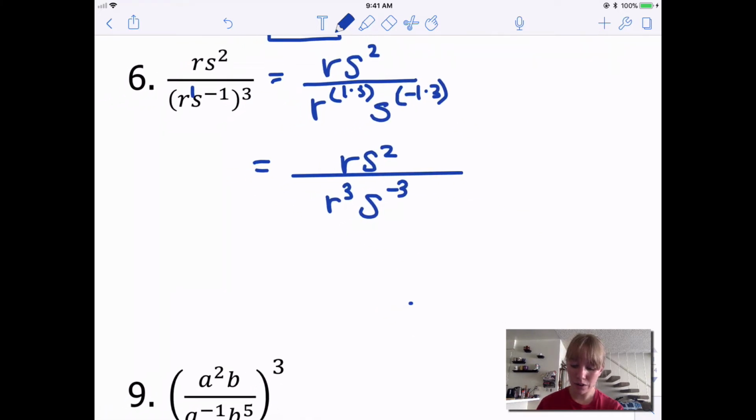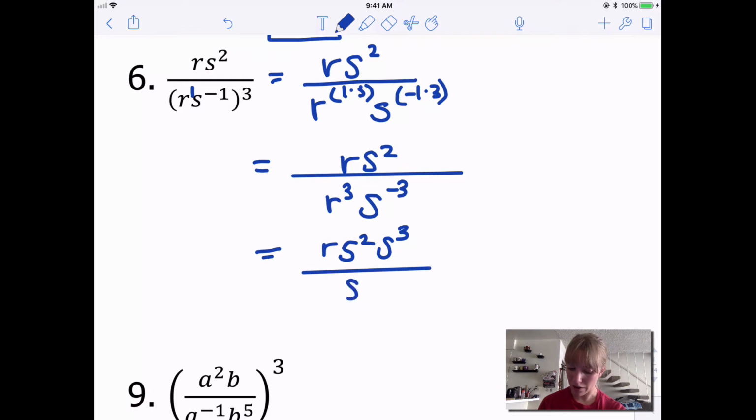The next thing that I notice is this negative 3 on my s exponent. That means I'm in the wrong spot, so I've got to flip it to the top. So I take r s squared, and then my s to the negative third becomes an s cubed on the top.